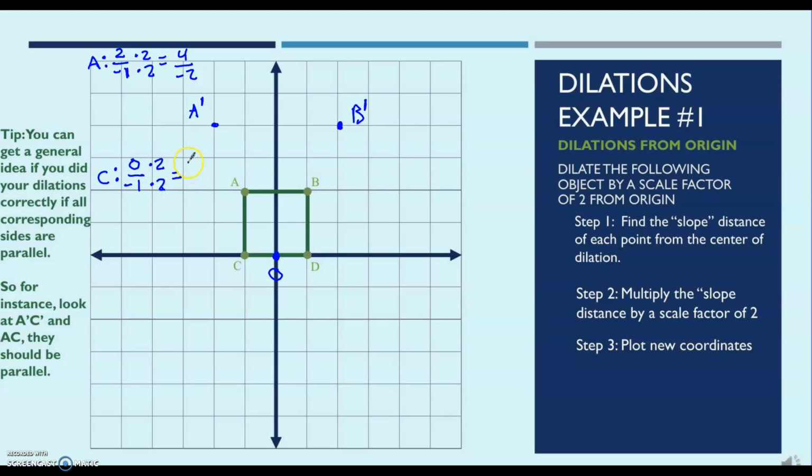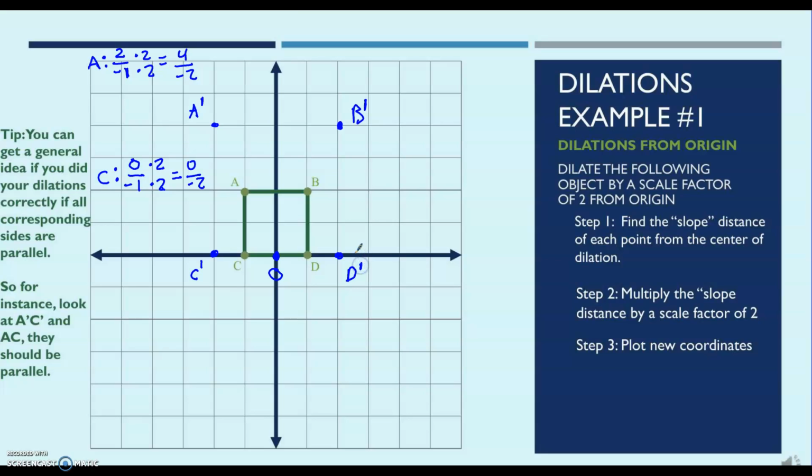So 0 times 2 is 0, and negative 1 times 2 is negative 2. So I go back to my center of dilation, and again, I don't have to go up any units vertically, and then I go left 2 units to get C prime. And then here, I do the same thing for point D to get D prime.